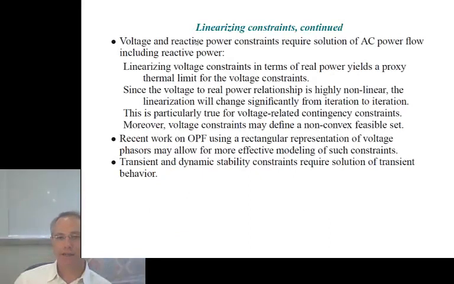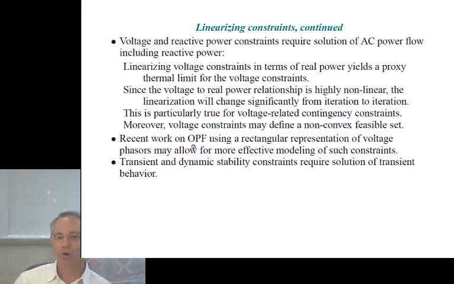Indeed, voltage and reactive power constraints require solution of AC power flow, including reactive power, and linearizing those voltage constraints could yield a proxy thermal limit. But because the voltage to real power relationship is quite nonlinear, the linearization will tend to change significantly each iteration. This is particularly true for contingency constraints. And furthermore, those voltage constraints can define a non-convex feasible set. So this can present problems with our basic notion of linearization.